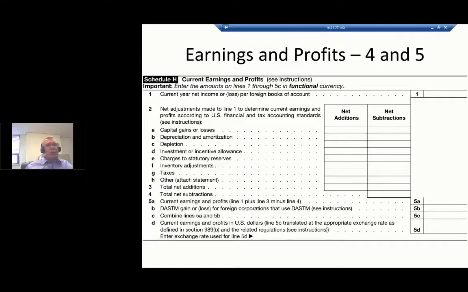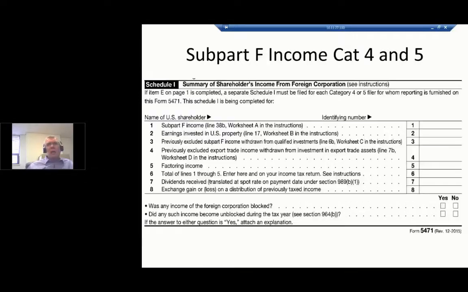So now going to these couple of pages of forms. The earnings and profits are important in concerning Subpart F income. That was Schedule A. Schedule I is the schedule where the actual Subpart F income itself is reported.